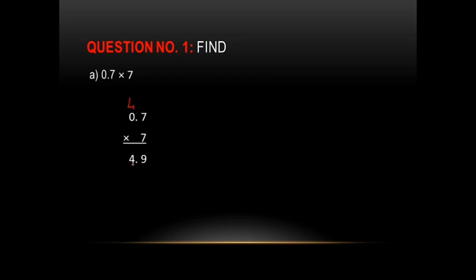Then the next question, B, 124.6 into 12. Here we have to perform the multiplication between 124.6 into 12. So we will write the solution as 124.6 into 12. First we will multiply the 2 with the whole decimal number, and then we will multiply the 1 with the whole decimal number.